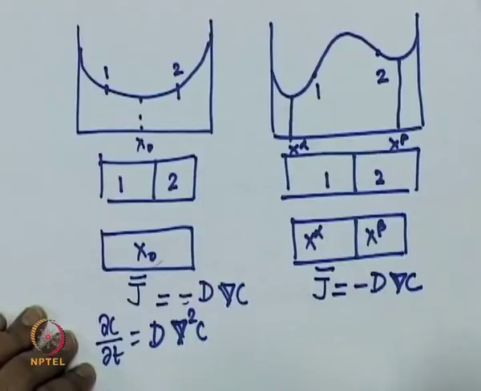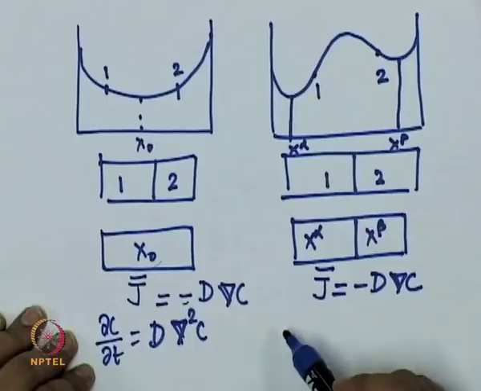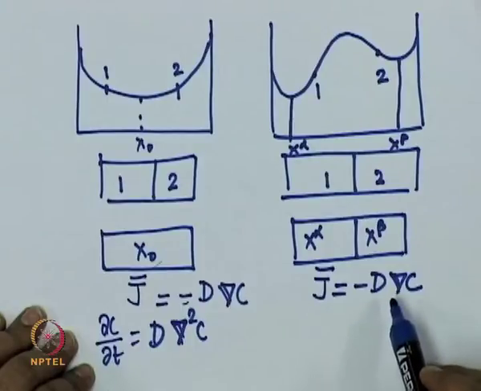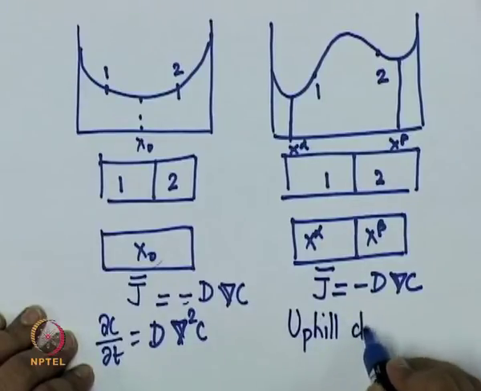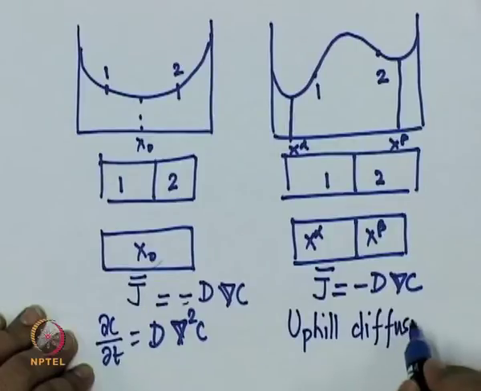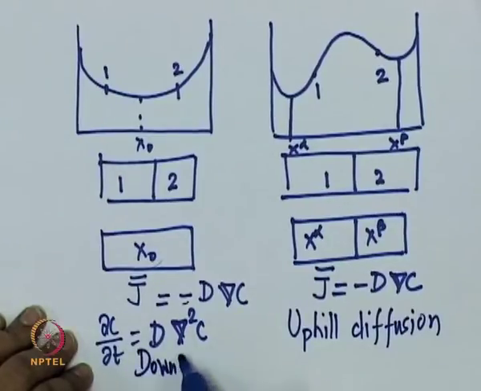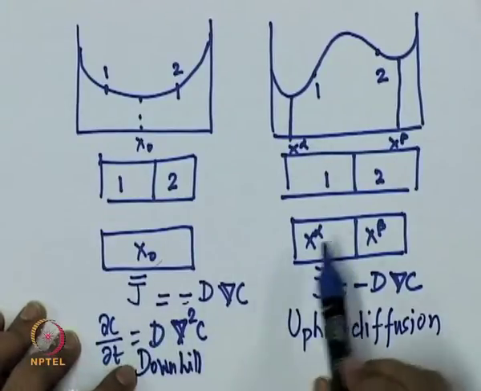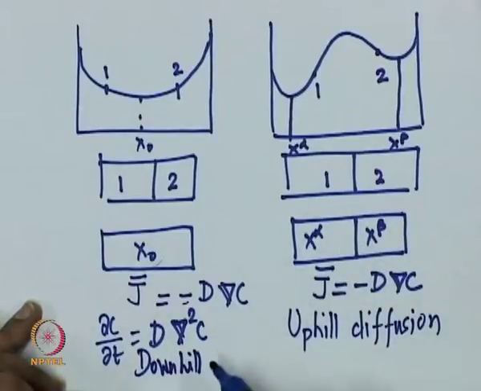Okay. So, the initial explanations that came for the behavior that you see here were assuming that the diffusivity is negative. So, it was called uphill diffusion, as opposed to downhill diffusion. You can see in the words itself that this was sort of problematic for people to understand, because downhill we understand.